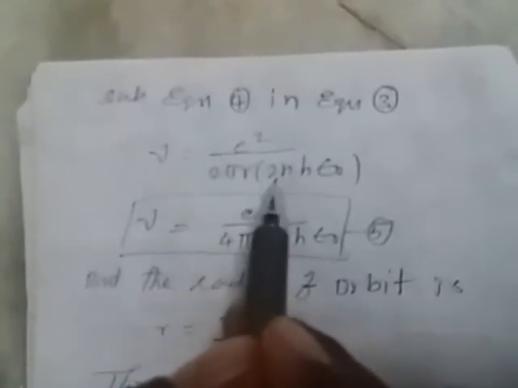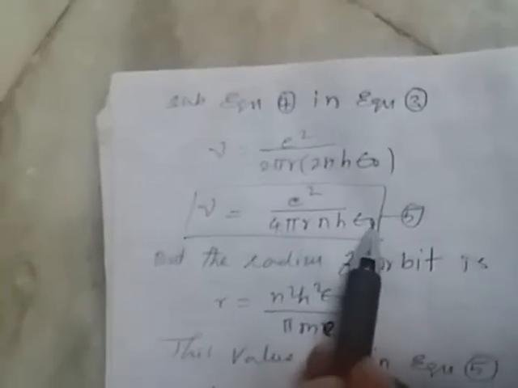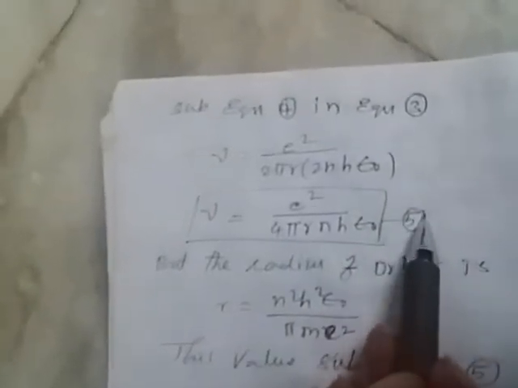Let us substitute the fourth equation in the third equation. We will get e square by 4 pi r n h epsilon naught. So this is equation 5.